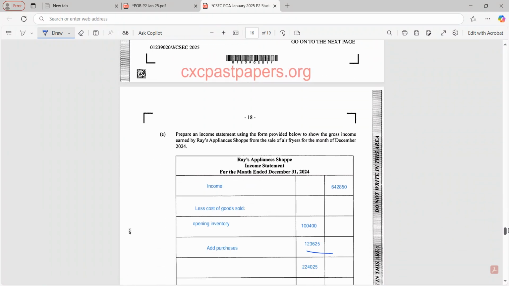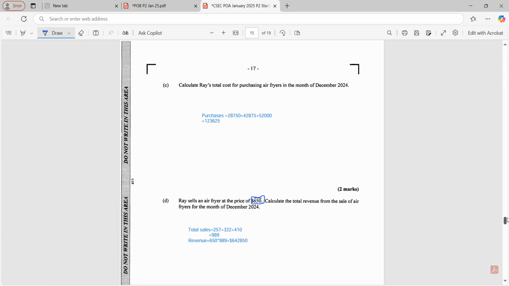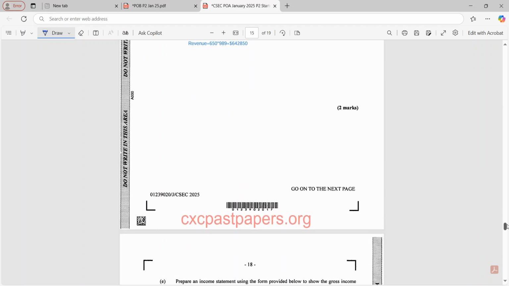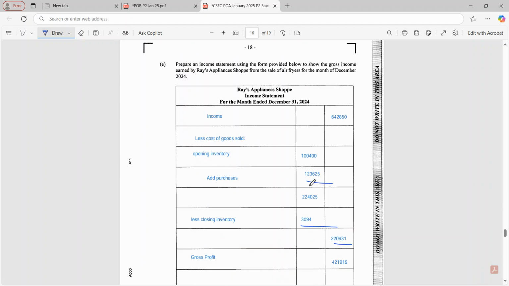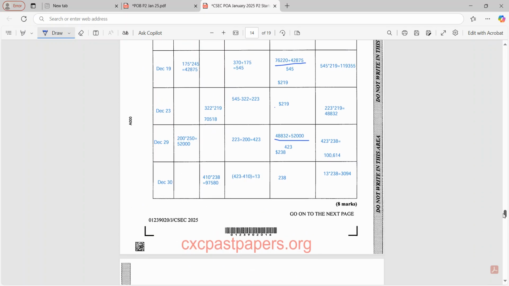Then we're going to add our purchases, and we just calculated our purchases up here, where we said that it was 123,625. Good. When we add our purchases to our open inventory, we get $224,025, and then we less our closing inventory, which is what we ended our AVCO method with.